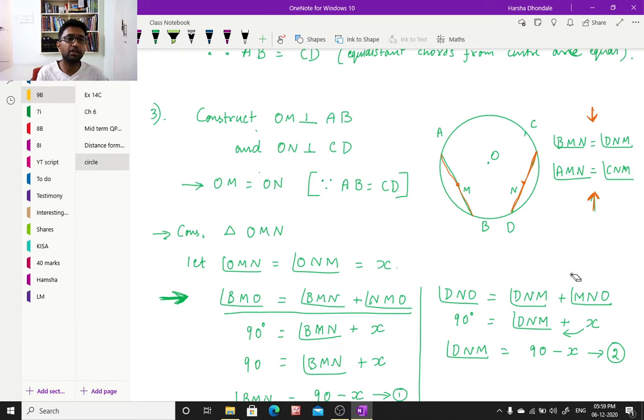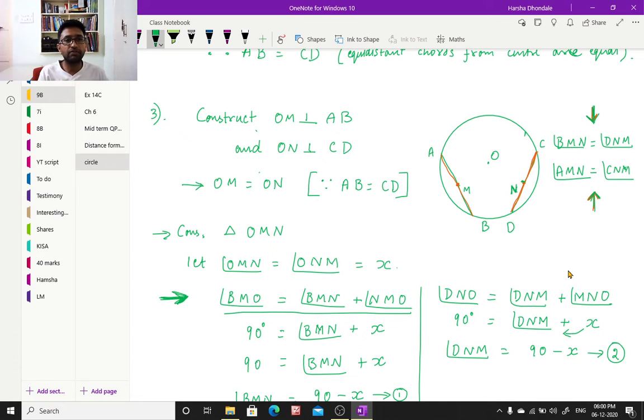I'll just rename A and C. And N is the midpoint of the line CD. This is what is given in the question, and the center of the circle is O. With this data, he wants you to prove that angle BMN is equal to angle DNM, and angle AMN is equal to angle CNM.